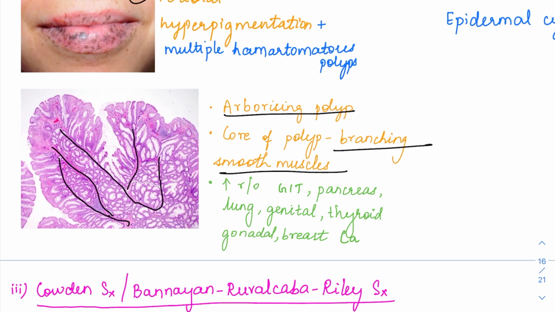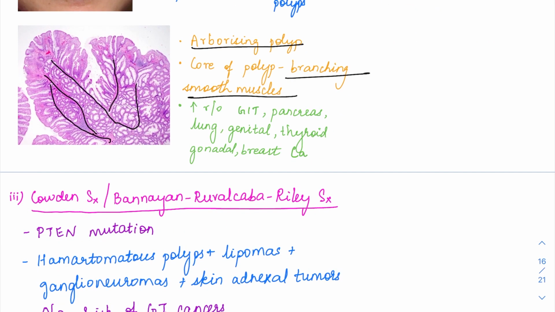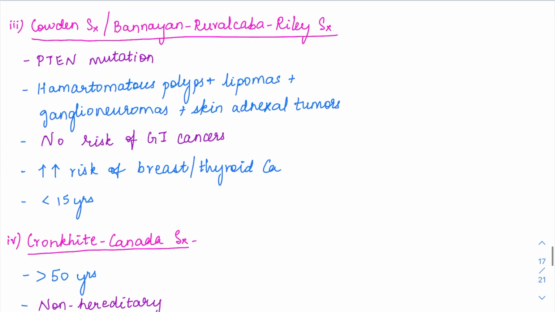So when they ask about this, they are mentioning PJ polyp. Remember that. When a PJ polyp is there, it is going to be associated with various other cancers. It has an increased risk of developing GI cancers, pancreatic, lung, genital, thyroid, gonadal, and breast cancer. So various other cancer risks are also associated with PJ polyp.